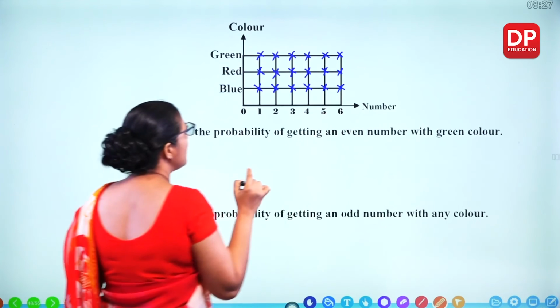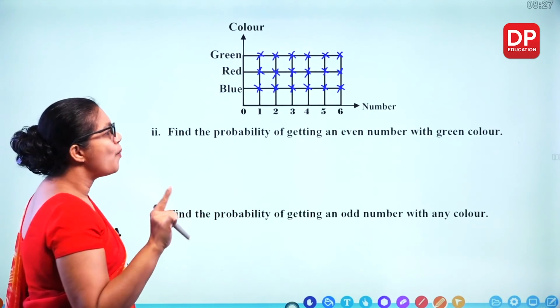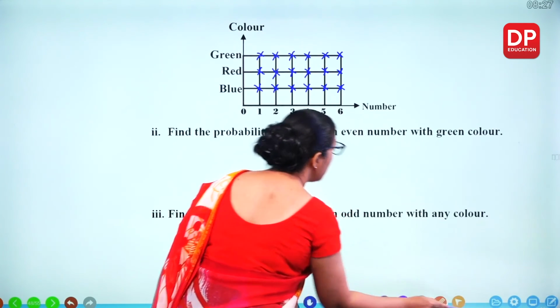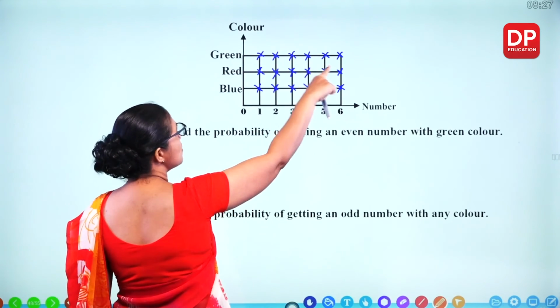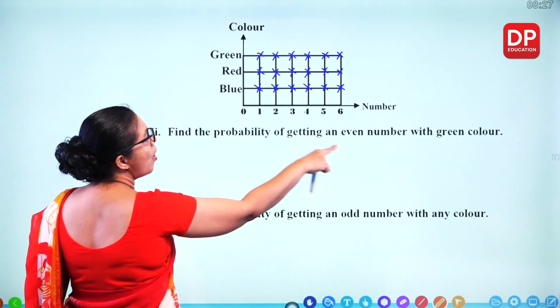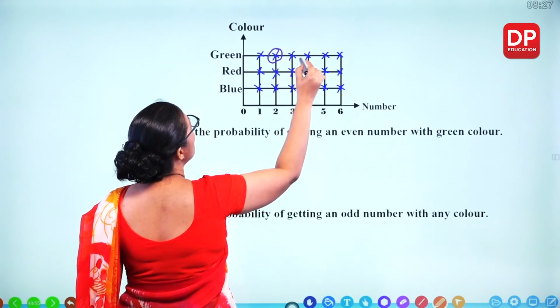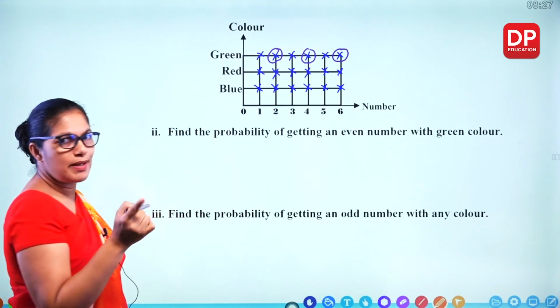Now we can calculate the probabilities. Find the probability of getting an even number with green color. So if we are marking the region, what are the possibilities? Green means this with even number. So 2, 4, 6.